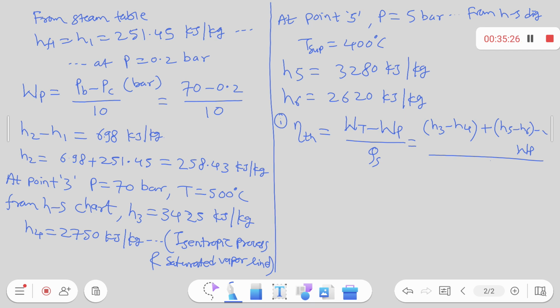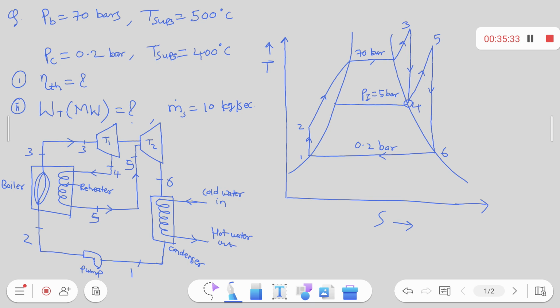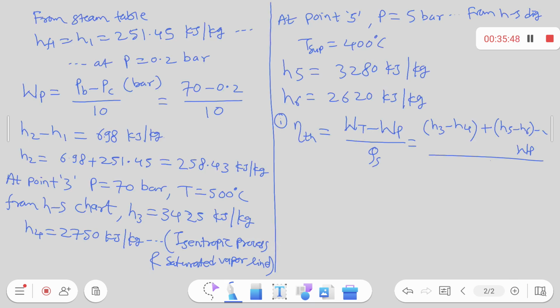Heat supplied from 2 to 3, so heat supplied is H3 minus H2.